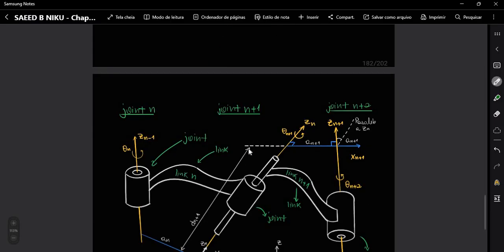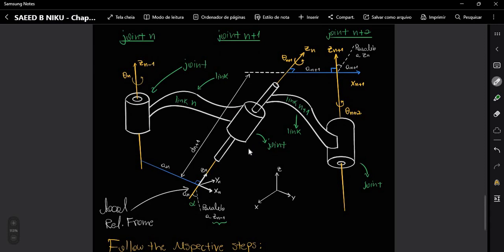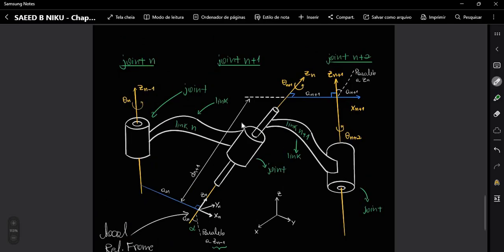Okay. And right here, let's review this. So we have this joint, another joint, and another joint. So we have three joints, and they are connected by these two links.